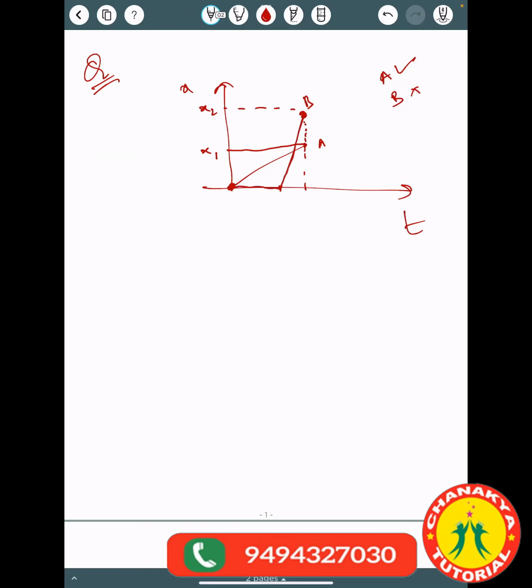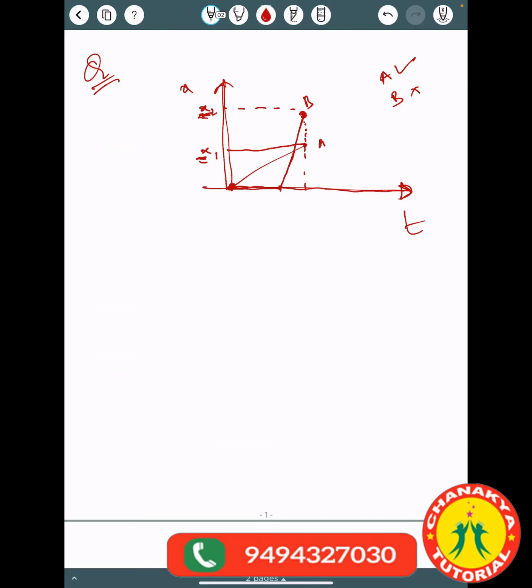That doesn't make sense. Here the distance you need to see, this is the time axis. You will judge the distance based on this x only, right? Yes, sir. This graph is given as x versus t. So whichever distance is more, you need to judge by that. Okay, sir.